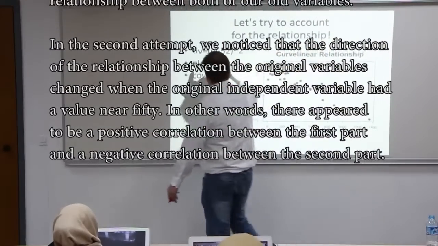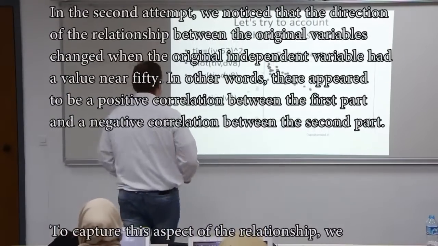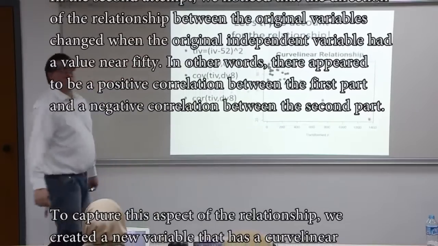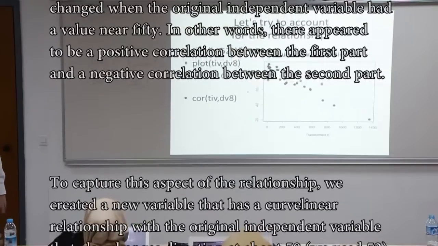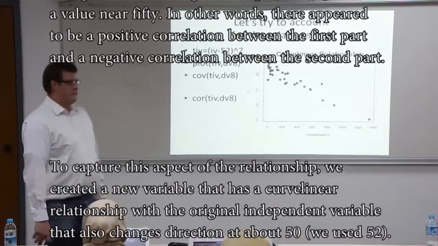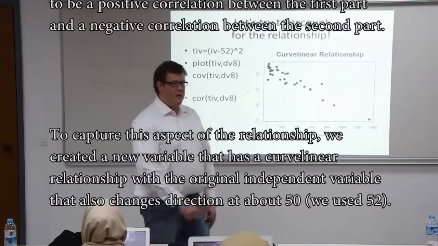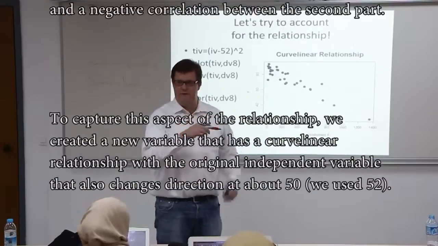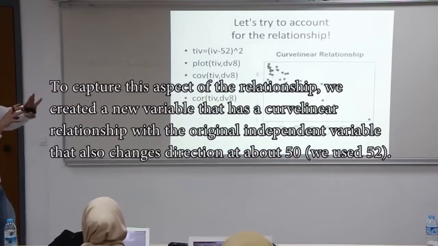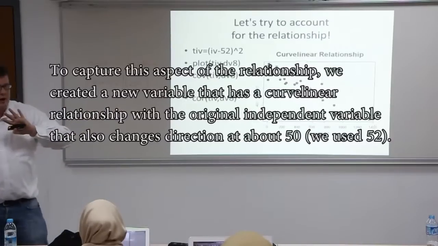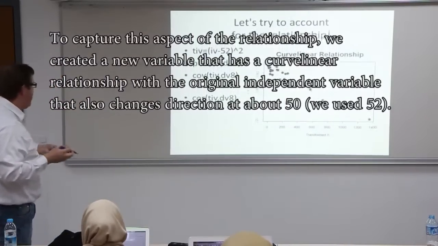Go ahead and create this. It's a new independent variable, and what it is is the independent variable minus 52, squared. Basically what we did is, we didn't only create a curve data set, we also shifted it, right? And what do we find for the covariance?